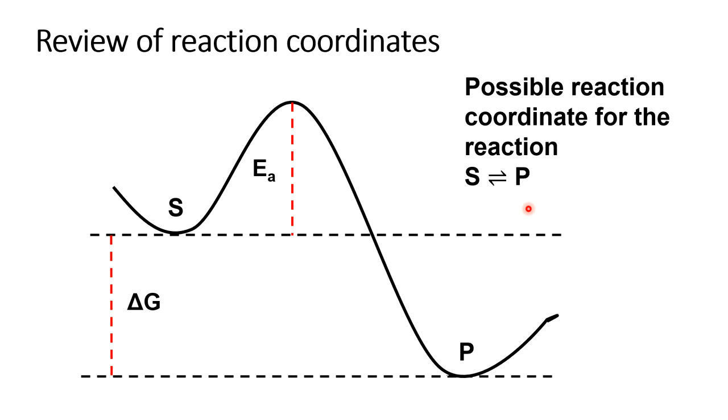Now in the middle, the energy from S to this first hill is called an activation energy. That tells us the energy it takes in order to overcome this kinetic barrier, and once there's enough energy supplied to overcome this kinetic barrier, the reaction can proceed to product.